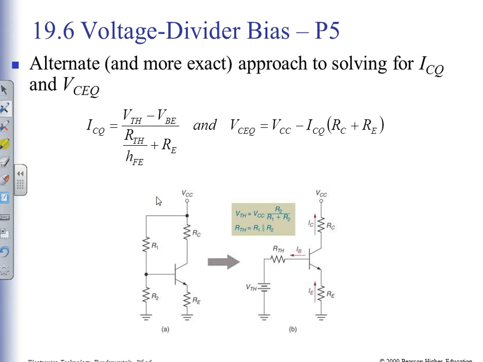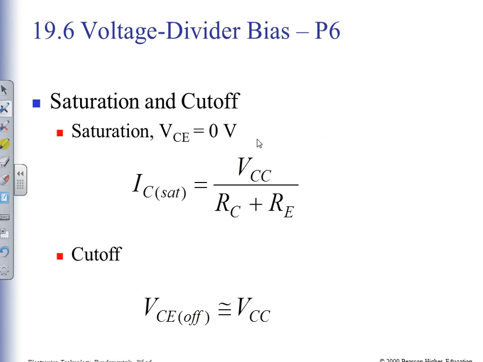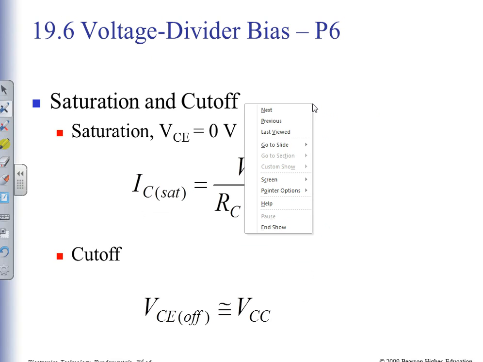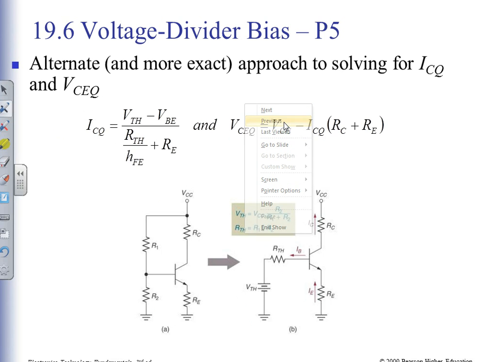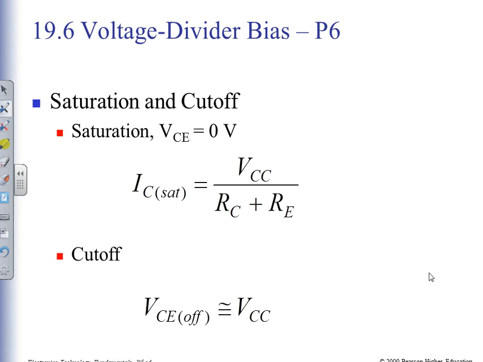And then with those numbers, I can find the current at the collector at the Q point, and the voltage collector to emitter at the Q point. With a little bit of luck, I won't be asked to do that many times in my sleep. But it's something that I could do if I wanted to, if I had my book open.